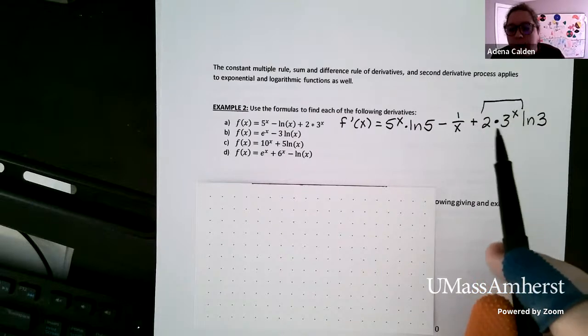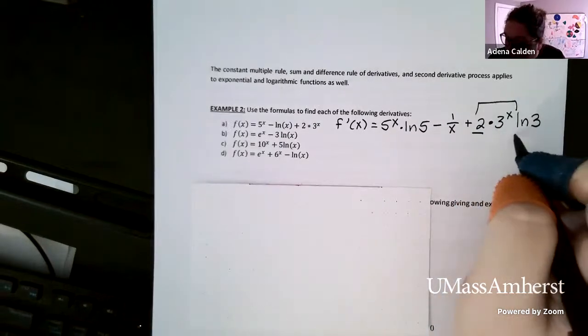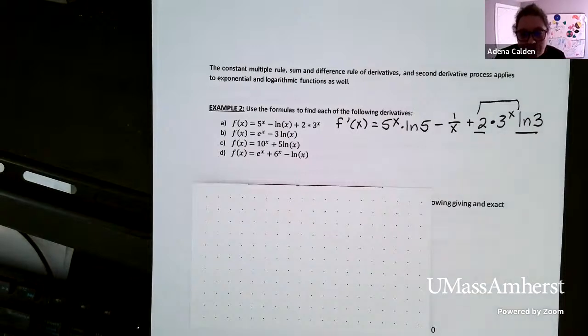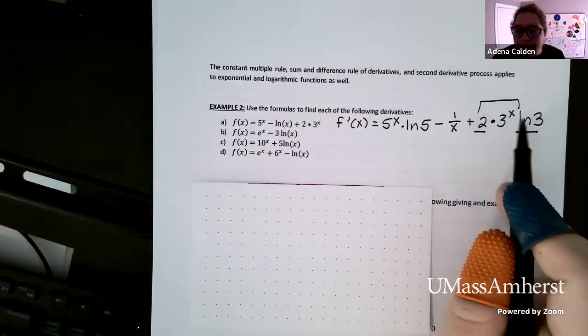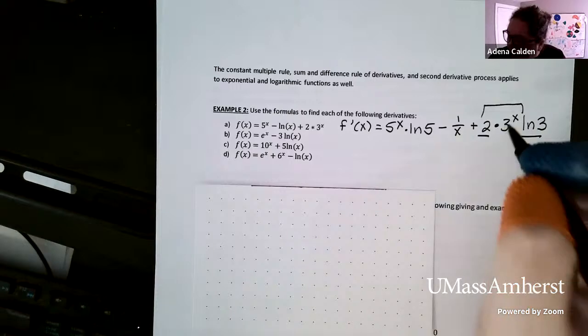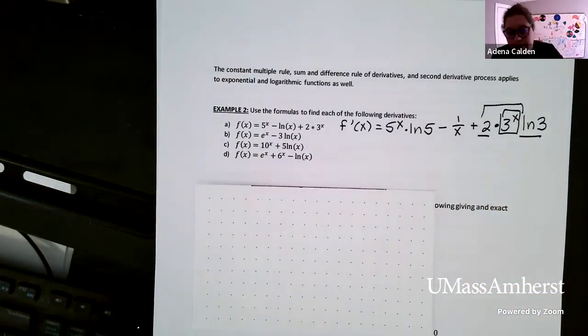Okay, so we are not going to combine these two in any way. The 2 is a constant and the natural log of 3 is a constant. Theoretically, if we wanted to round, we could turn this into a decimal and multiply the 2 and the natural log of 3 together. Typically, we're not going to do that, but nothing can be combined with the 3 to the x because that is the function part. Be careful about that.